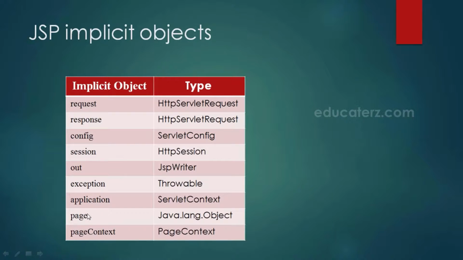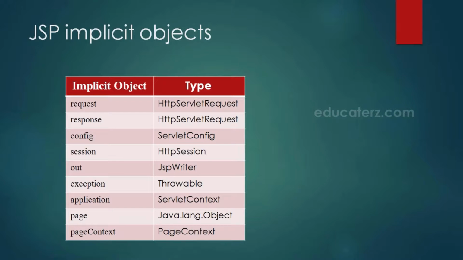These are the 9 JSP implicit objects, namely: request, of type HttpServletRequest; response, of type HttpServletResponse; config, of type ServletConfig; session, of type HttpSession; out, the JspWriter, which is used to display messages; and exception, an object of type Throwable, which is available when the page has the isErrorPage attribute, mainly used to tell some other JSP page that this is an error page.